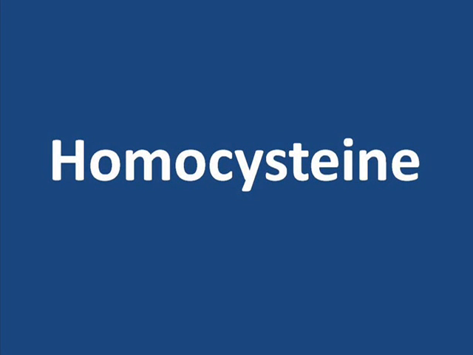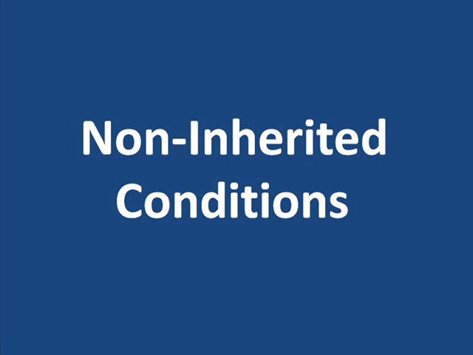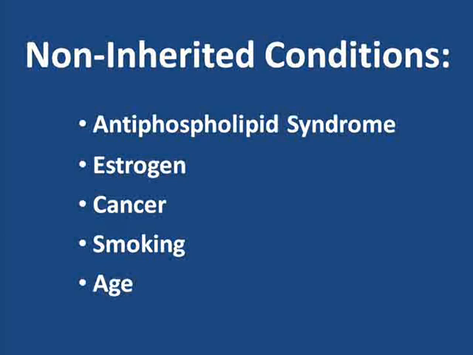In addition to the inherited conditions that make the blood hypercoagulable, there are also other non-inherited conditions. For example, certain activities of the immune system may cause hypercoagulability. These activities may or may not occur in conjunction with autoimmune diseases like lupus.